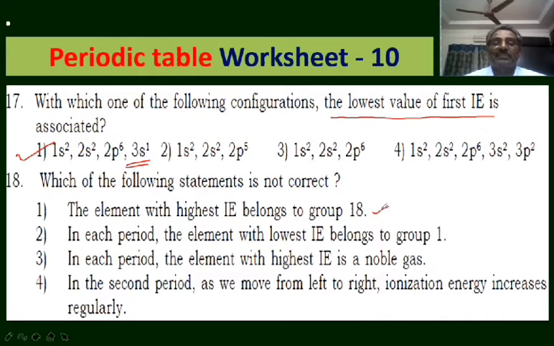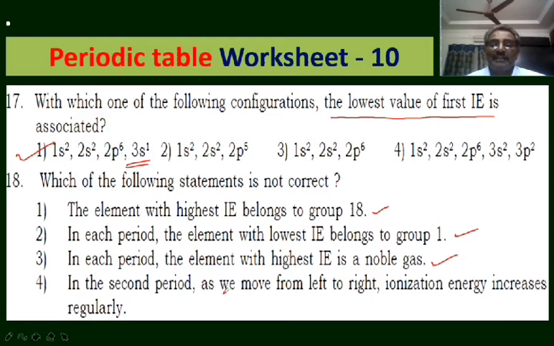Because of that, removal of electron from the stable atoms is very difficult. So they possess the highest value of ionization energies. In each period, the element with the lowest ionization energy belongs to group 1. This is also right. In each period, the element with the highest ionization energy is a noble gas. This is right. Noble gases and inert gases are same.